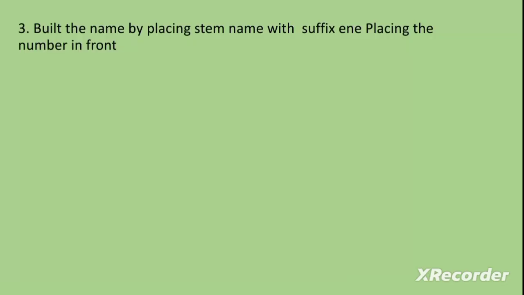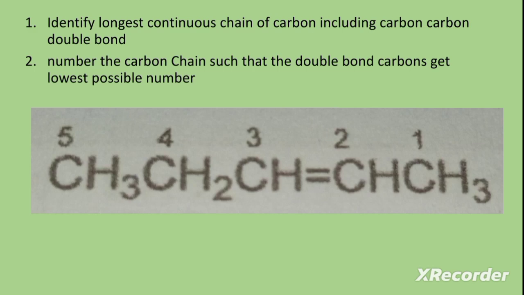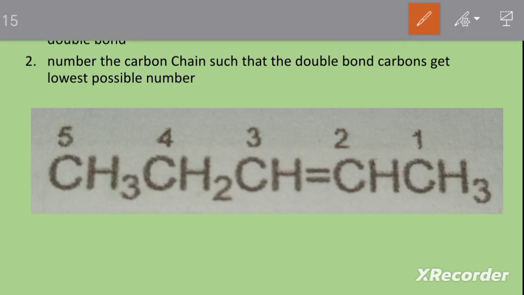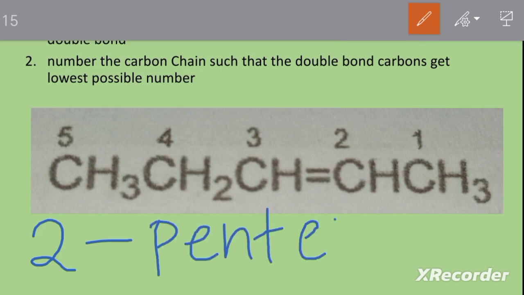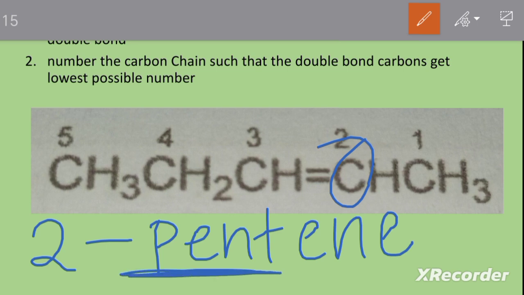We should build the name by placing the stem name with the suffix "ene", placing the number in front. So here, the second carbon has the double bond, and there are 5 carbons in the longest continuous carbon chain. 2-pentene is the name of this hydrocarbon. 5 carbons in the longest carbon chain gives pent.